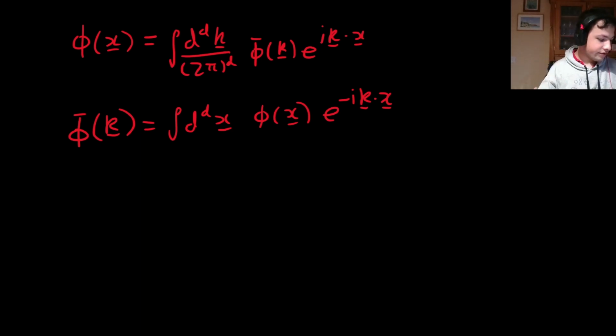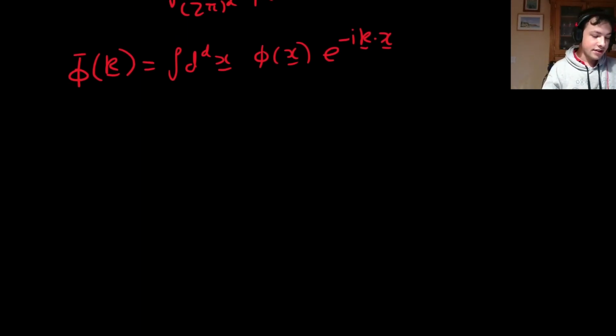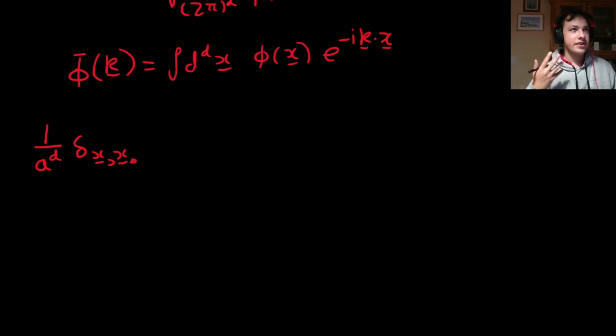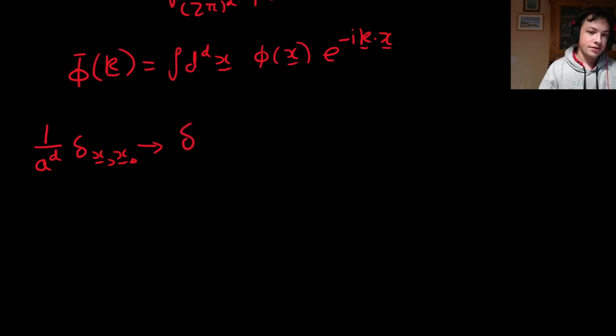And then two more things. The delta function, now 1 over a to the d delta x, x naught, well, in the continuum limit where a goes to 0, this goes to the delta function, delta of x minus x naught, the Dirac delta function.